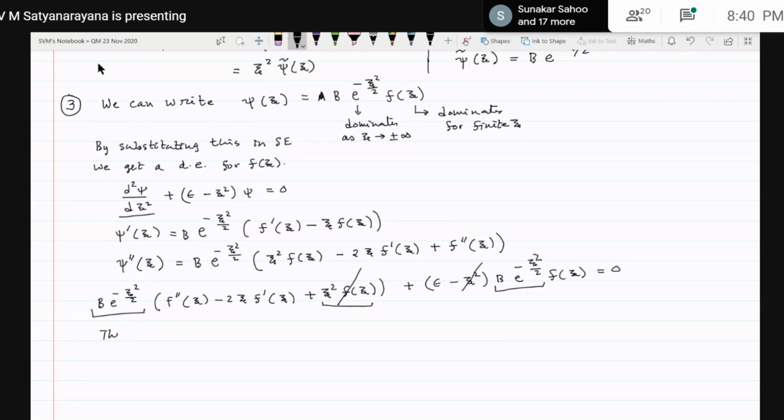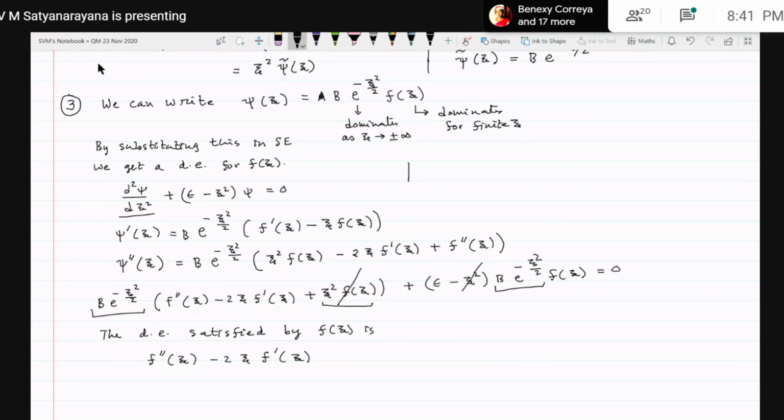So the differential equation satisfied by the function f of xi is f double prime of xi minus 2 xi into f prime of xi plus epsilon into f of xi, but I think I have some epsilon minus xi squared.